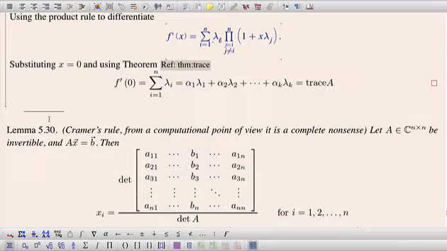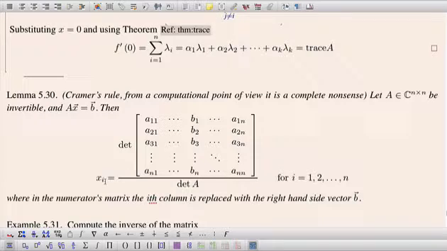Lemma 5.30 is the so-called Cramer's rule. Very popular, sometimes even in high schools they teach this. Again, please remember, if nothing else, that from a computational point of view, this is complete nonsense for large systems. If A is an n by n complex matrix, and if it's invertible, that means the linear system Ax equals b has a unique solution for this vector x, then it can be solved the following way.